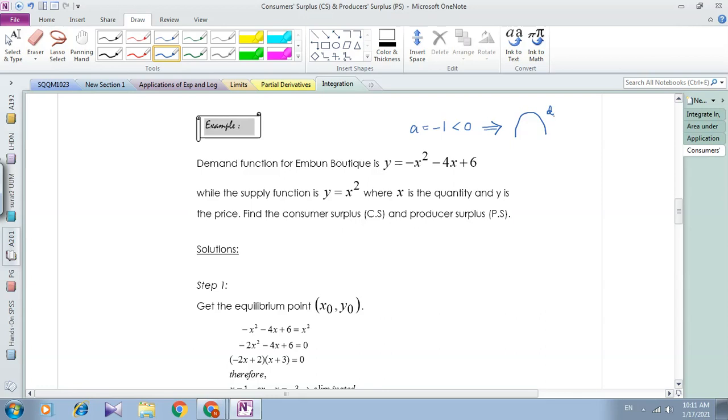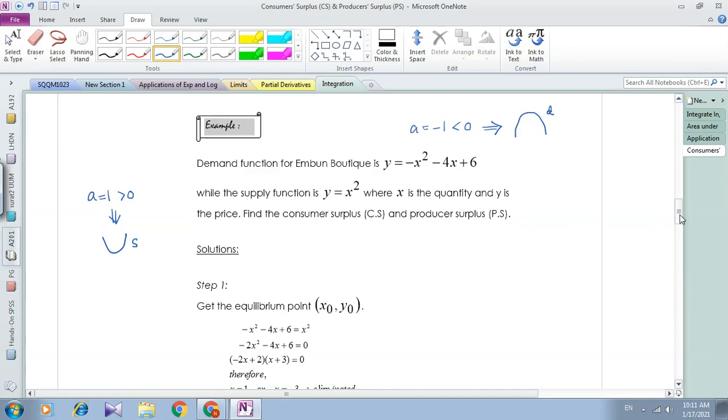Yes, this is the demand graph. And for the supply function, you can see that the value of A is 1. When the value of A is positive, we are dealing with the smiling graph, or the supply graph. Then the question: find the consumer surplus and producer surplus.